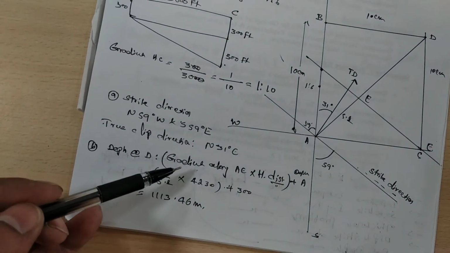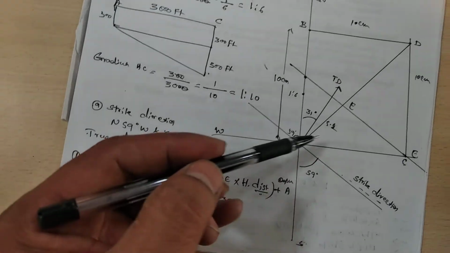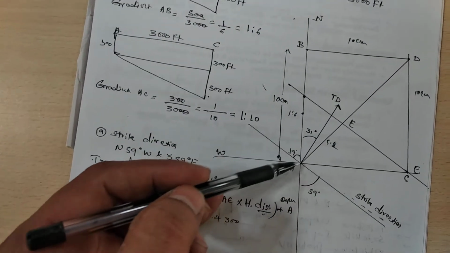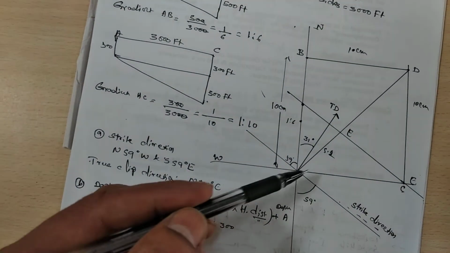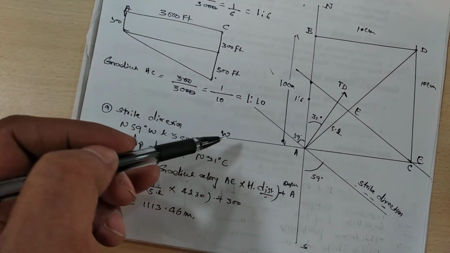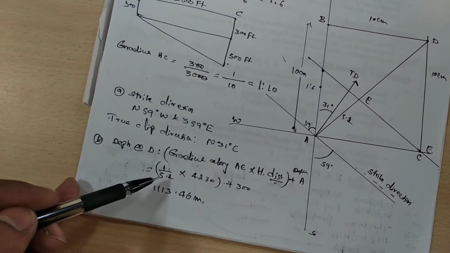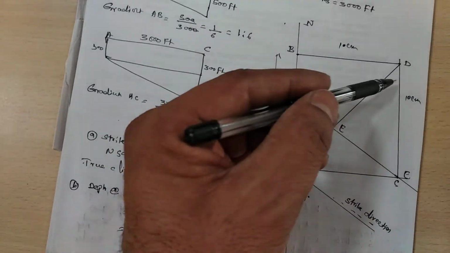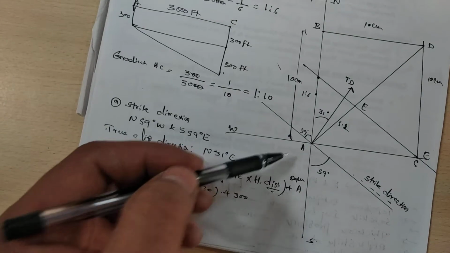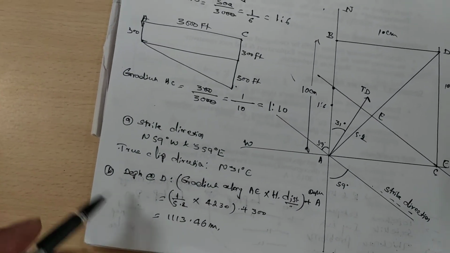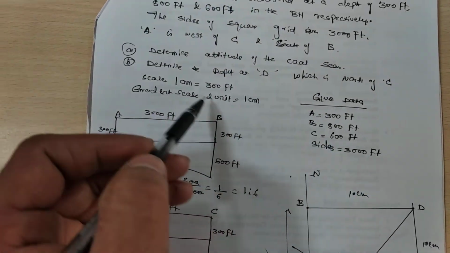It is equal to the gradient along AE multiplied by the horizontal distance, plus depth at borehole A. Here the gradient along AE is 5.2, multiplied by 4230, that's along this, and 300, this is the depth. Altogether you will get 1113.46 meters as the complementary borehole depth.